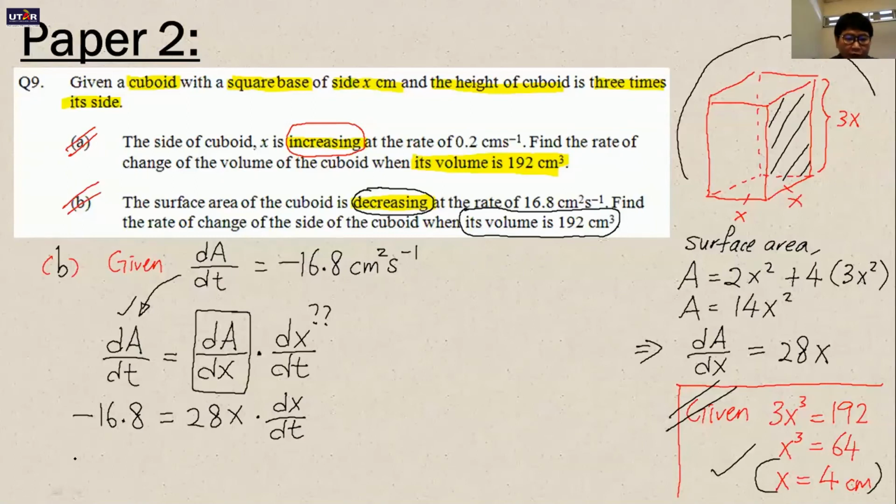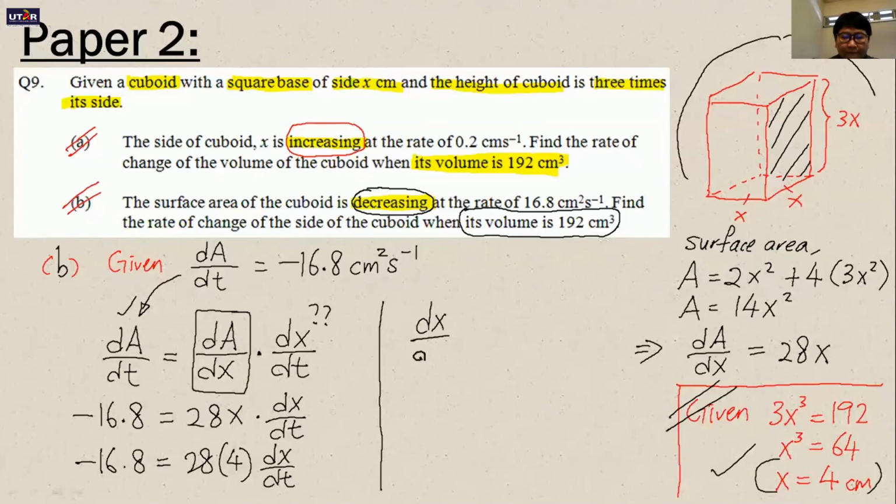So we have times 4 dx over dt. So the answer will be negative 16.8 divided by 28 times 4, which is 112. So dx over dt is negative 0.15.